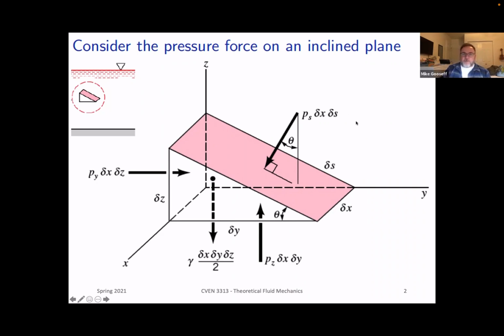And we've made them simple here so that they are rectangular, right? So we have a delta x and a delta z. Those are simply delta s wide, delta x long for that face, and delta x wide and delta z high on this face, etc.